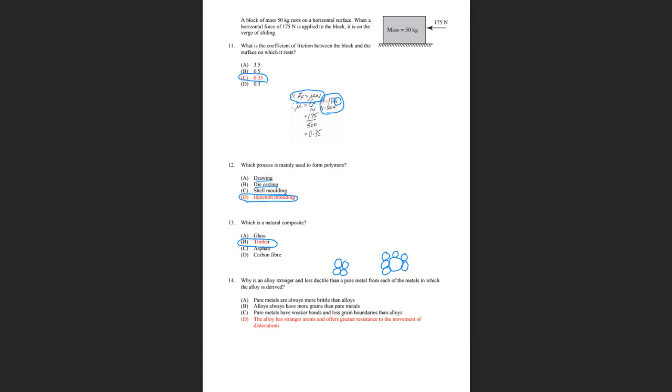Here you've got nice easy slip planes, but there's no slip planes over here, or not very many. So D is the correct answer here.